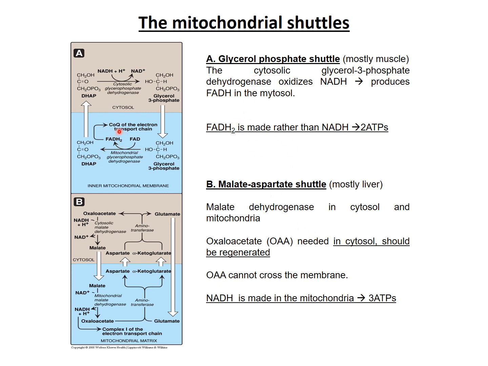NADH is able to produce roughly 3 ATPs. FADH is 2. So we are losing 2 ATP equivalents, I mean 1 per molecule, if we are using this particular shuttle.